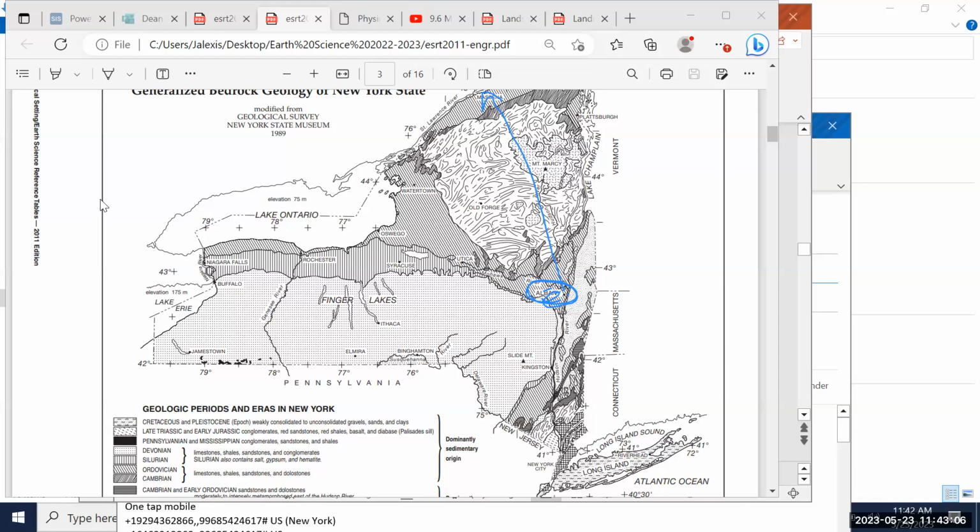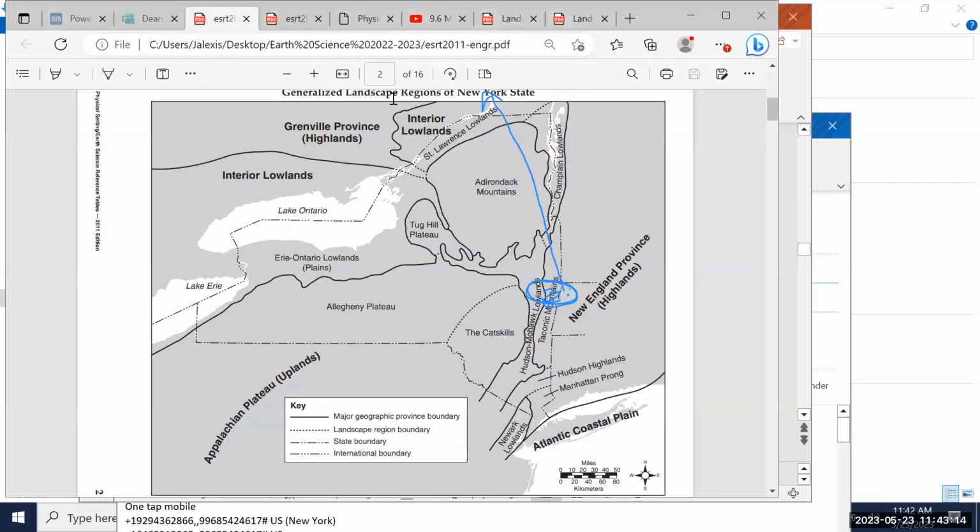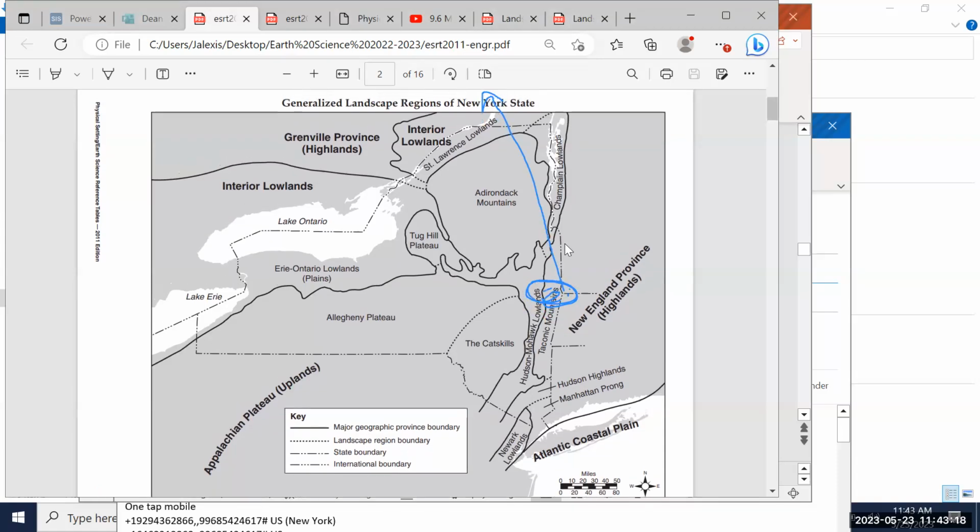So now what page of the reference tables do I see the landscapes? I'm going to go to page 2. So when I go to page 2 and I'm looking at Albany to Massena, Albany is definitely starting somewhere around this region, and Massena, once again, lands over here.